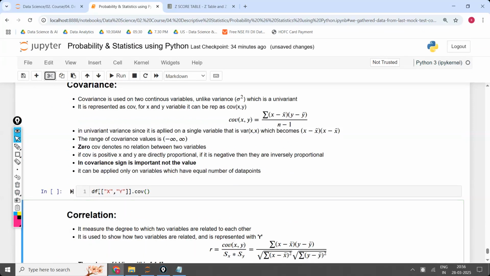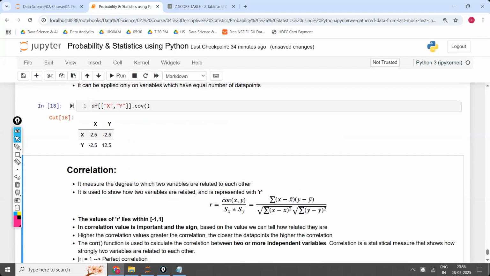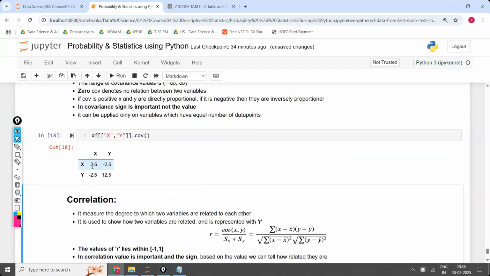Can you see here? I have selected the two columns and I'm applying the covariance. Now, can you see the first one? First one is covariance of x comma x. What is the second value? x comma y. What is the third value? y comma x. y comma x or x comma y, both are the same. What is the fourth value? y comma y. Total 4 values are there. How you got these 4 values means this is the calculation.